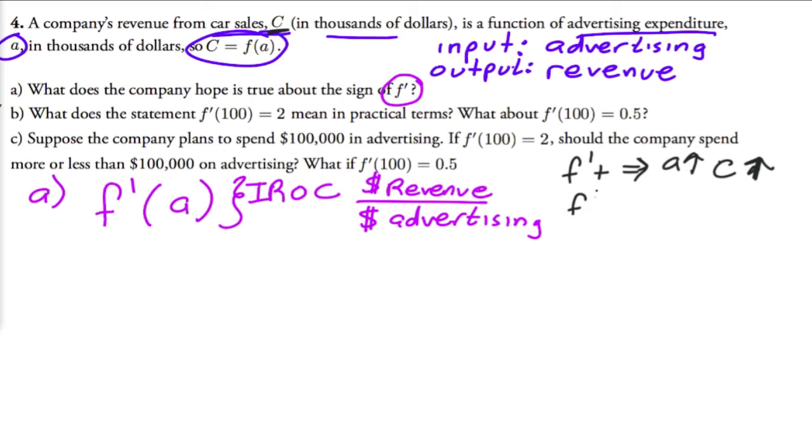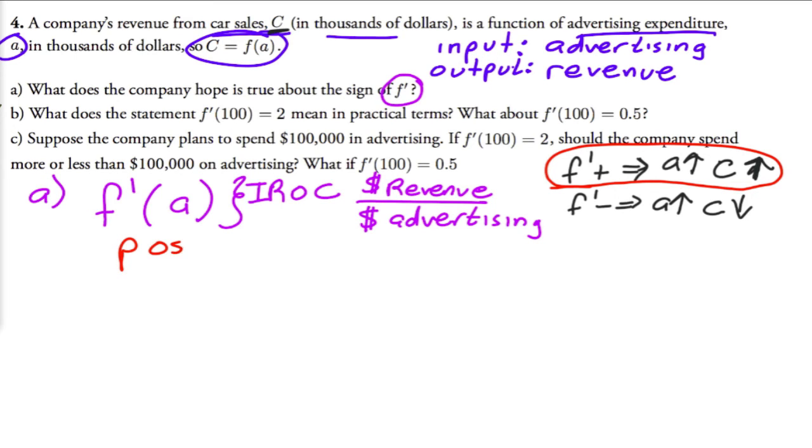Now if F prime is negative, what that means is that car sales are going down. So if advertising increases, then car sales go down. So I think it's pretty obvious which one you would pick, or the company hope, of course, would be this one, right? Because if you spend money on advertising, you would want your car sale revenue to also go up. So the company hopes that it's positive.